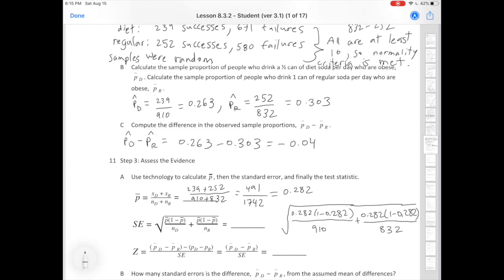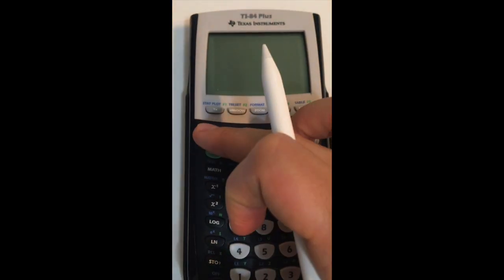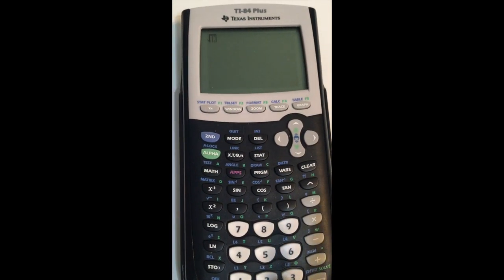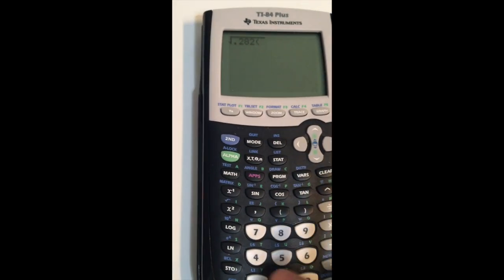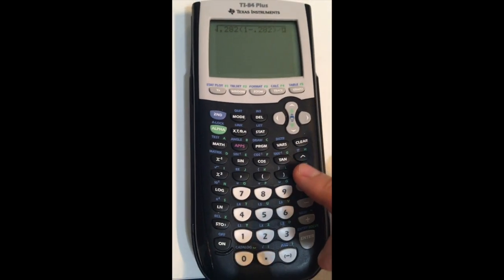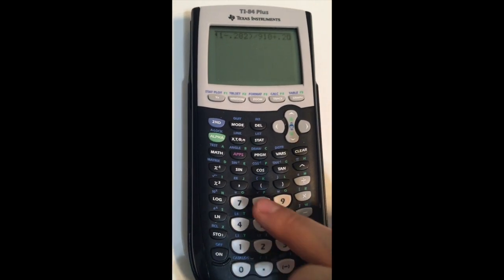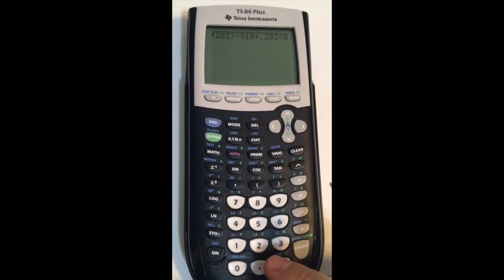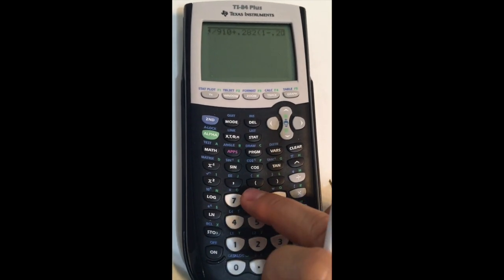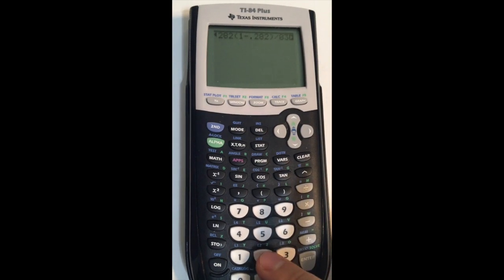Okay. So I'm going to use my calculator, and let's see what we get. So we're going to hit second square root, and then I have 0.282 times 1 minus 0.282, close parentheses, divided by 910, and then plus 0.282 times 1 minus 0.282, close parentheses, and then divided by 832.